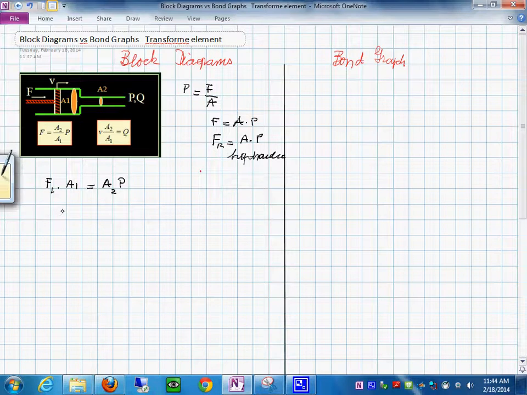Or you could write F, call it F1 on this side, times A1 equals the pressure times A2.